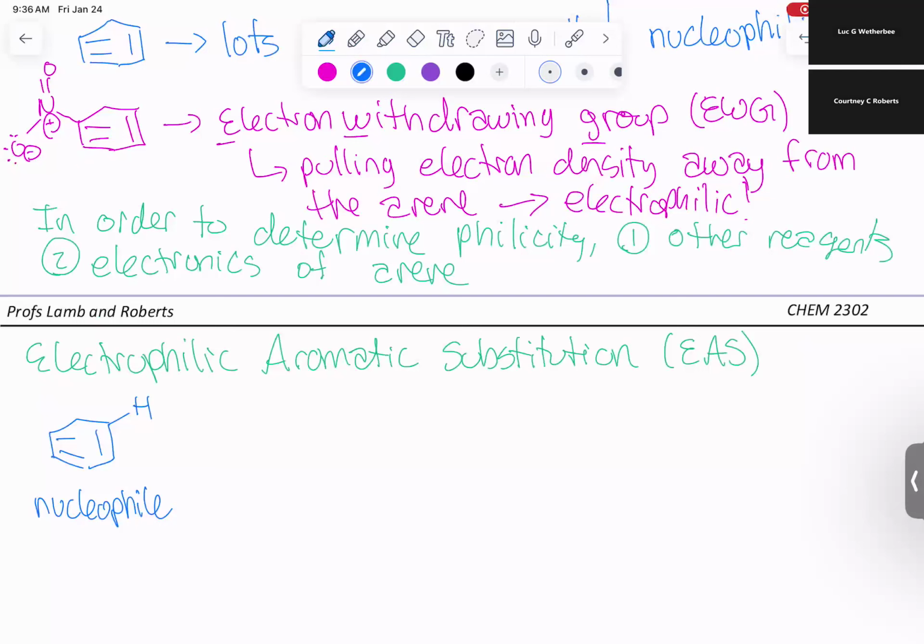And then the other reagents, we're going to get into halogenation, nitration, sulfonation, acylation, alkylation, but we're going to group all those into having an electrophile. We'll define what all of these are next week. So this is our electrophile, the electrophilic portion of the molecule. And that is going to be bound to a leaving group.